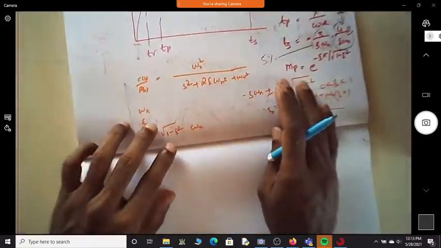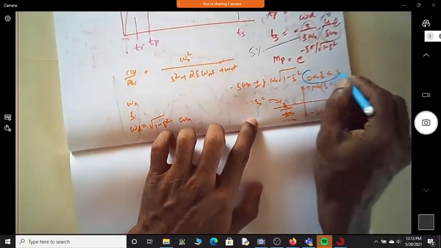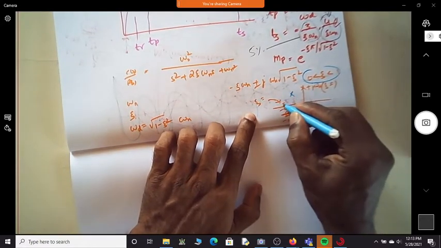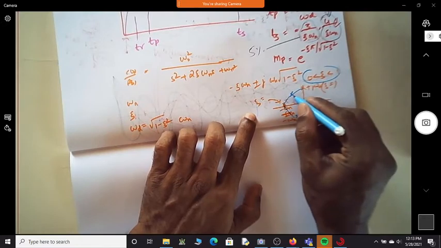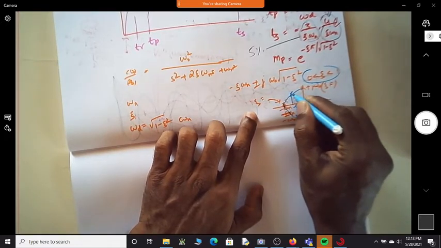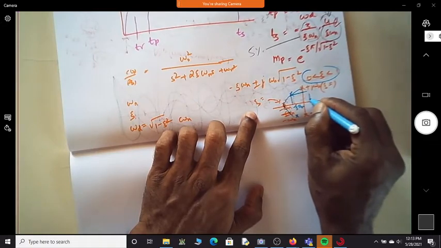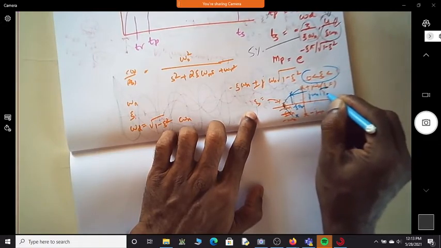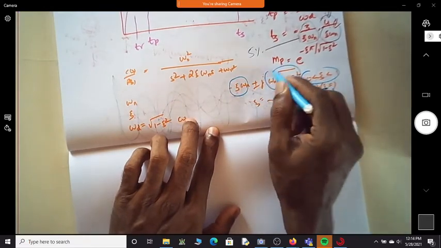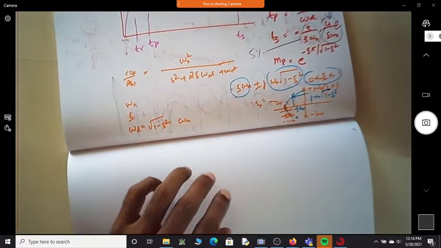If the value of zeta is between 0 and 1, then the poles will be at the appropriate point on this semicircle, where the real part is minus zeta into omega n and the imaginary part is j omega n under root of 1 minus zeta square. So that is the real and imaginary part of the roots.